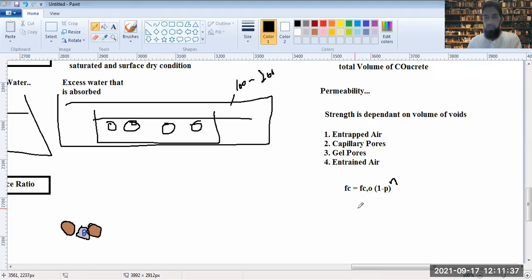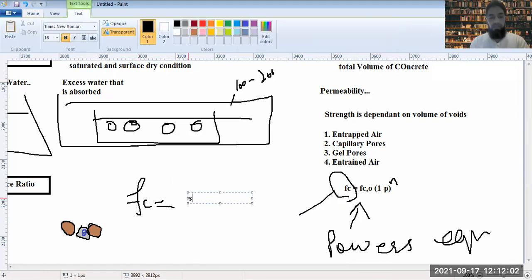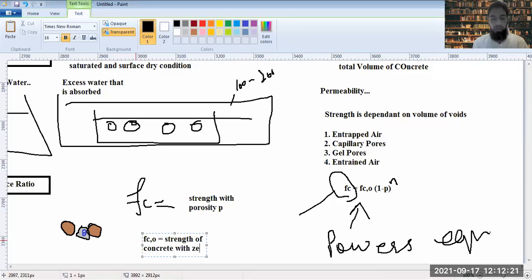Again, this equation has been given by Powers et al., so it's known as Powers equation, where fc is the strength of concrete with porosity P. Then you have fc naught in this equation, which is the strength of concrete with zero porosity.